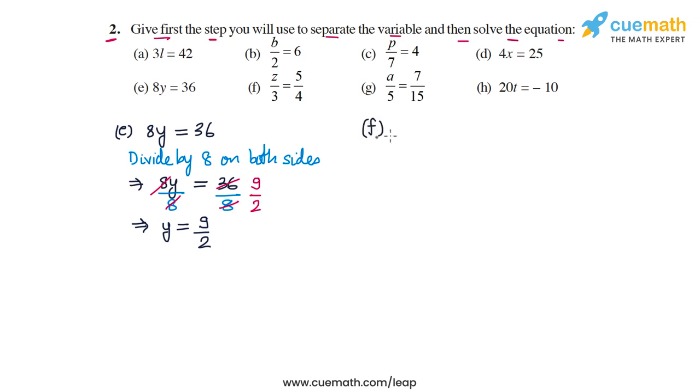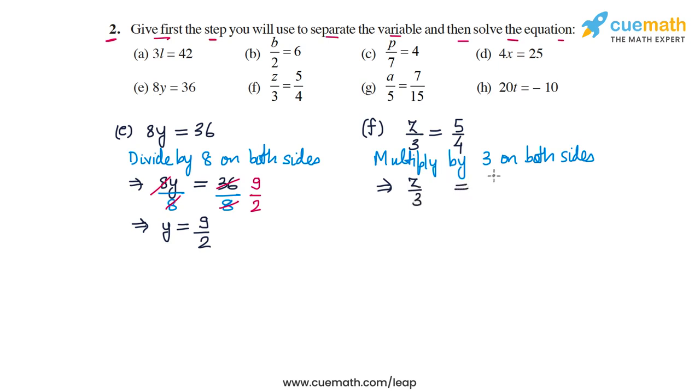In part F, the equation is z by 3 is equal to 5 by 4, and now to get rid of the 3 in the denominator on the LHS, we will multiply by 3 on both sides. So multiply by 3 on both sides. Now the original LHS is z by 3. Let's write it again.